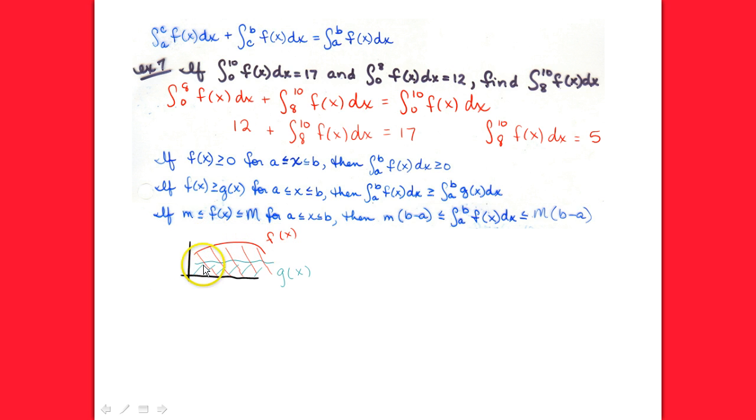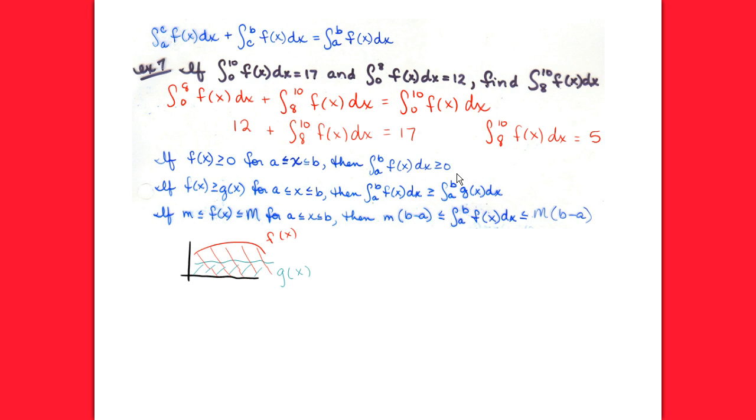So f of x is above g of x. Then the integration of f of x is just the area under its curve, right? Doesn't the red area have to be bigger than the green area? So that's all this is saying. The area under the curve of f of x would have to be larger than or equal to the area under the curve for g of x.